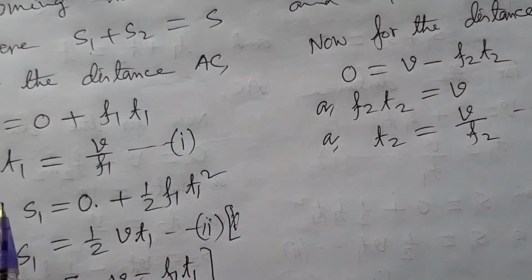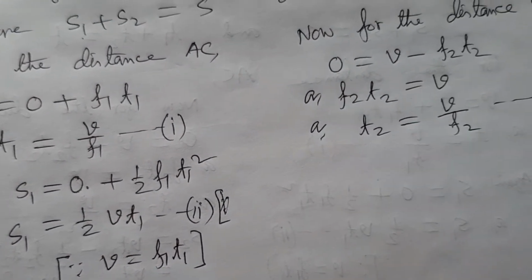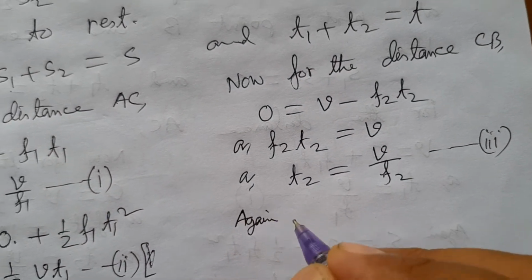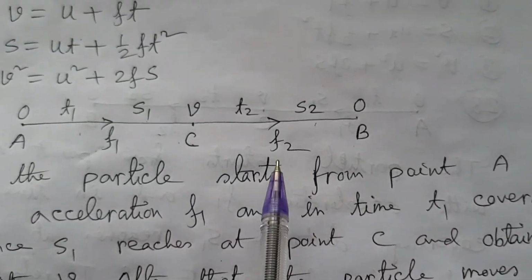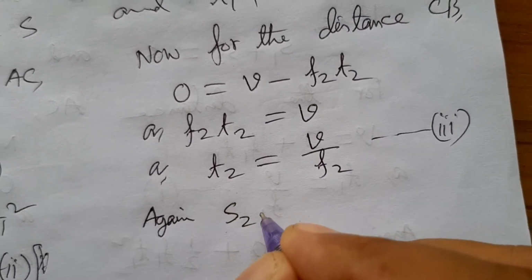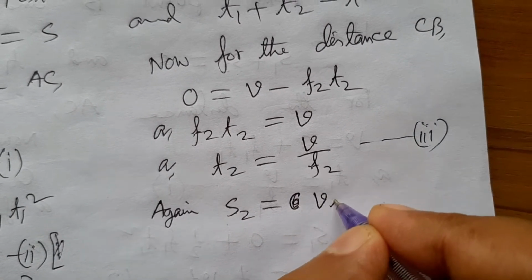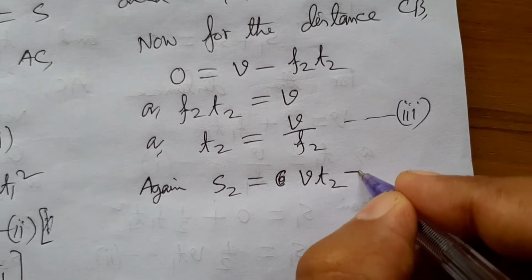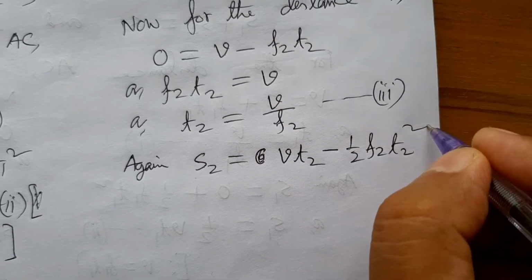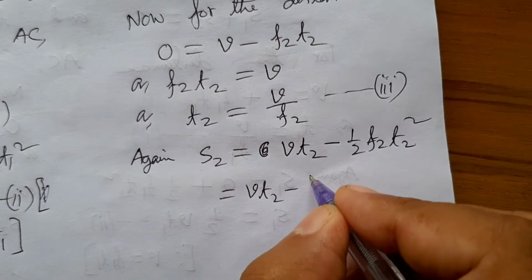Already we have t1, t2 and s1. So we need now s2. Again, for s2, we apply the second formula for the second part, CB. Second formula is s = ut − half ft². Here s means s2, ut means v into t2, and retardation, so minus half of f2 t2 squared. Now we can write v t2 minus half of f2 t2 into t2.